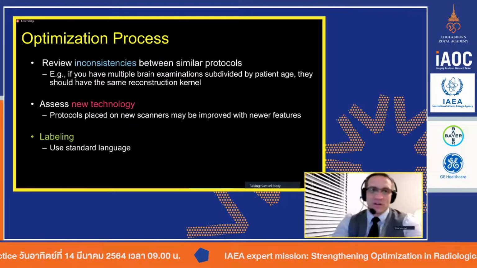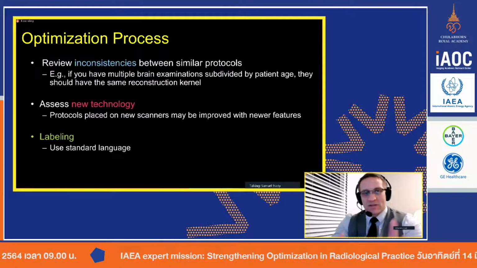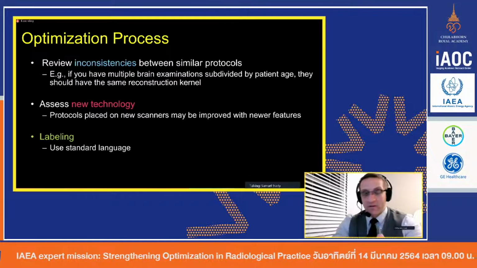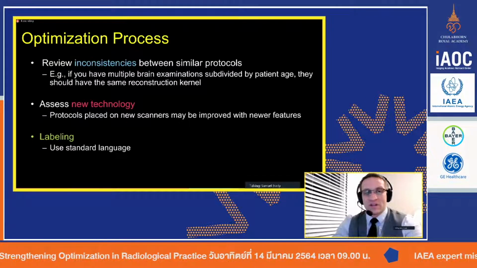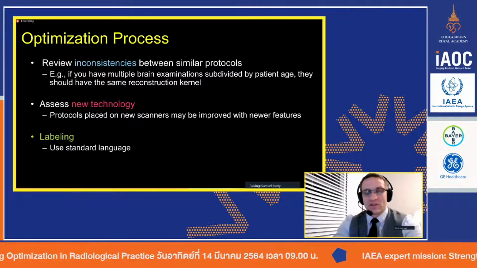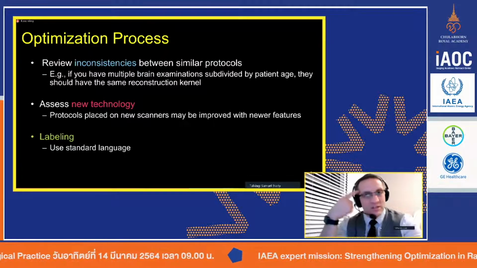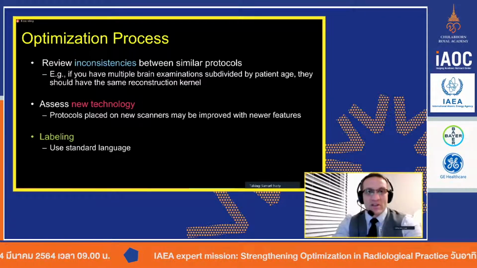We talked a little bit about this actually in the first week. One of the aspects of optimizing protocols, and it is very important when we're establishing diagnostic reference levels, is we need to make sure we're using the same language. When we call a routine brain at one hospital, it needs to be basically the same labeling structure at all the other hospitals.